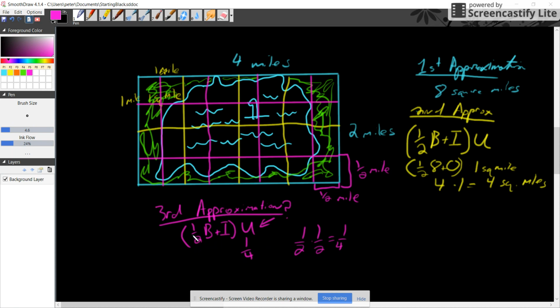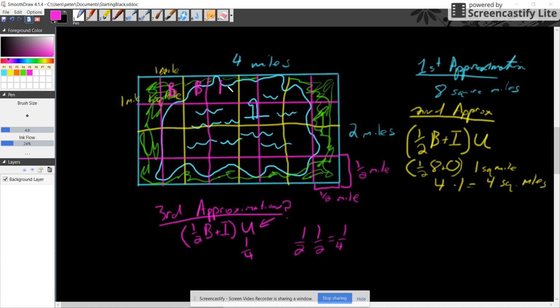Now we need to count up border squares. We disregard squares that only have some lake and some land; we call those border squares. So we're going to label those, and we're going to be fairly ruthless because some are going to be mostly lake and some are going to be mostly land, but we're going to hope that it kind of lands in the middle.